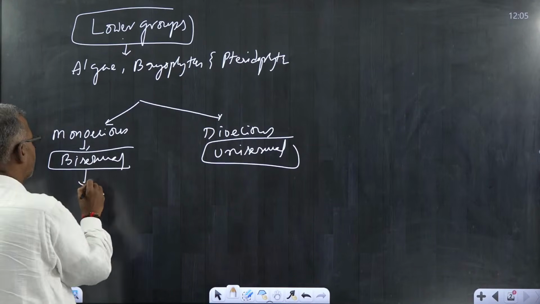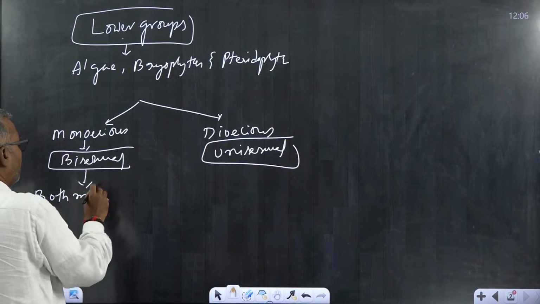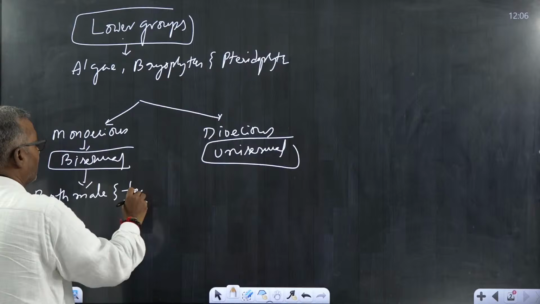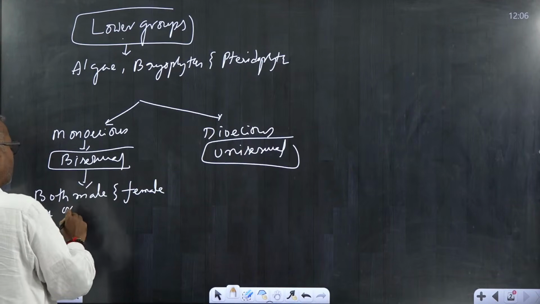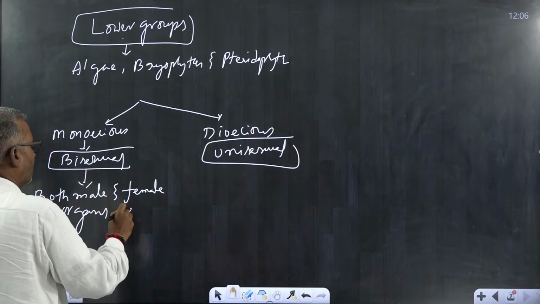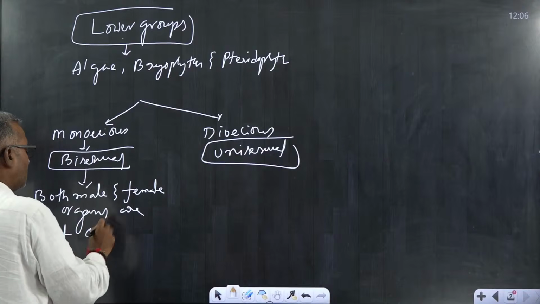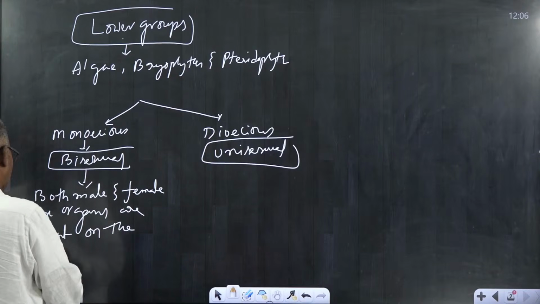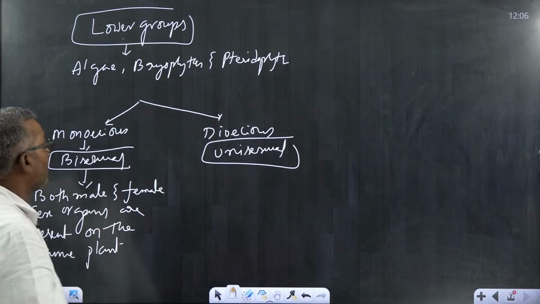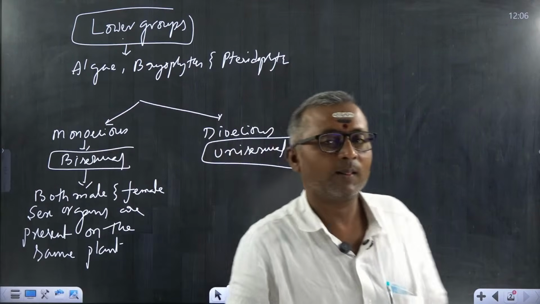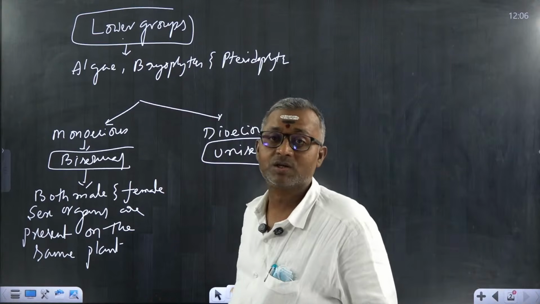In monoecious, both male and female sex organs are present on the same plant. On one plant, you can find both male and female sex organs. That is called monoecious here.